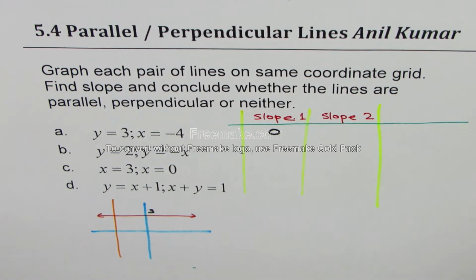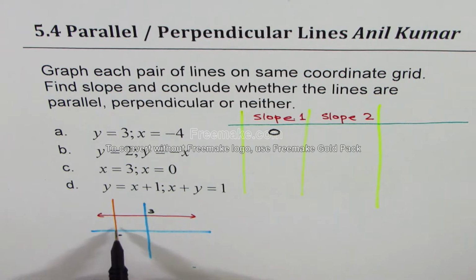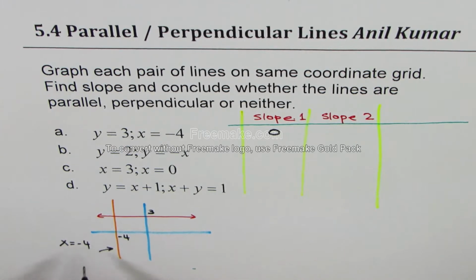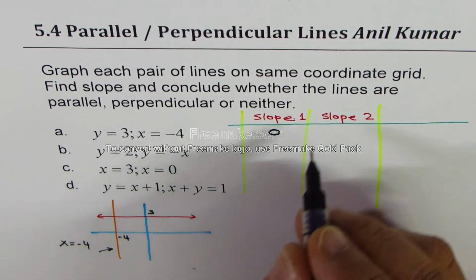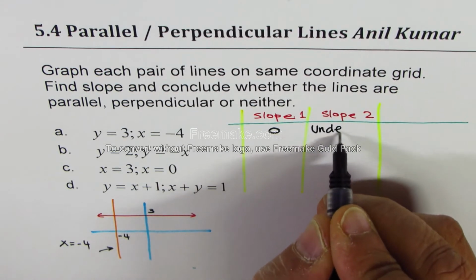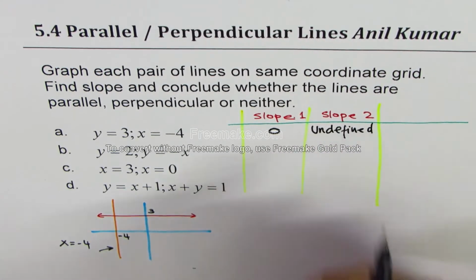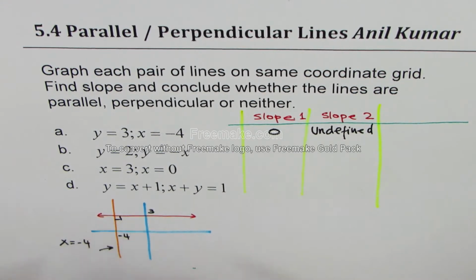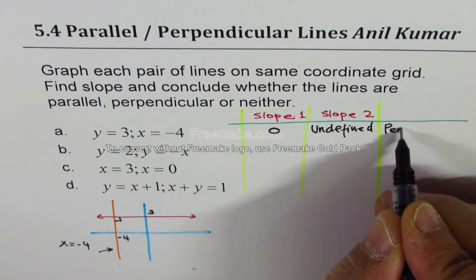So this line has x-intercept of minus 4 and will be called x equals minus 4, since at every point on the line the value of x is minus 4, and this slope is undefined. Now the question is, are they perpendicular or parallel? That is what you have to decide. You can see they cross at 90 degrees and definitely they are perpendicular.